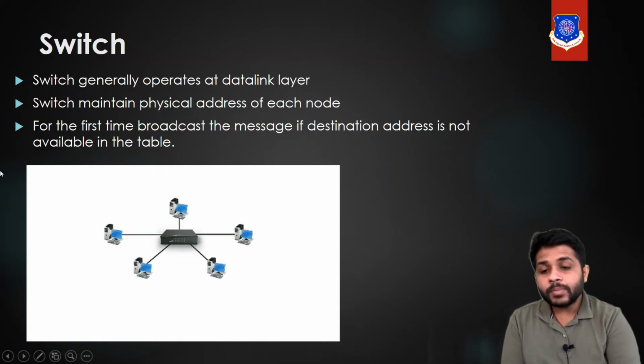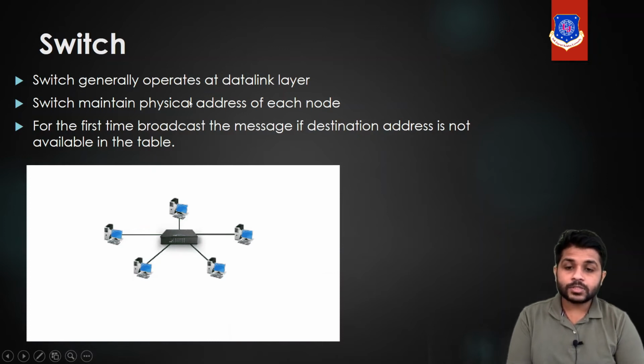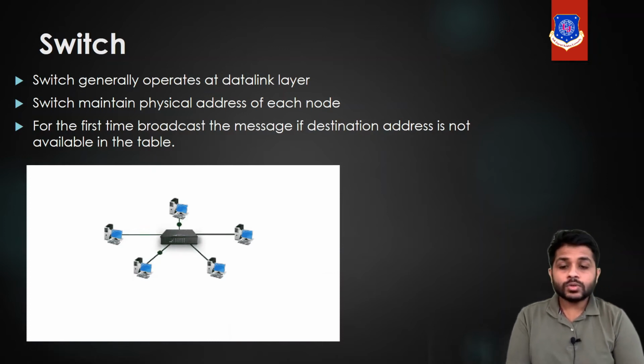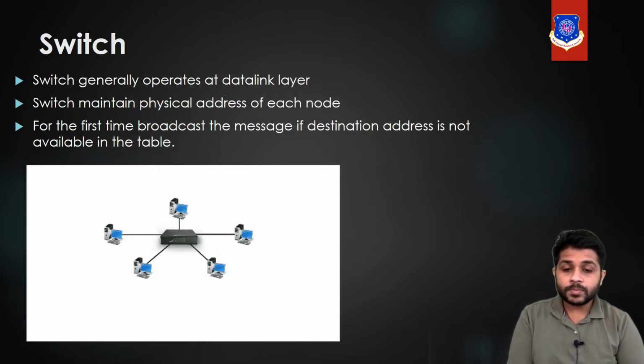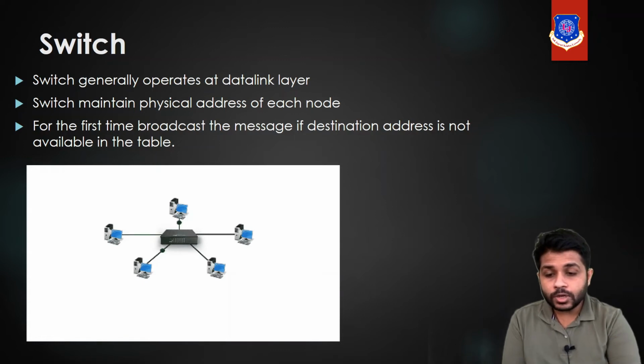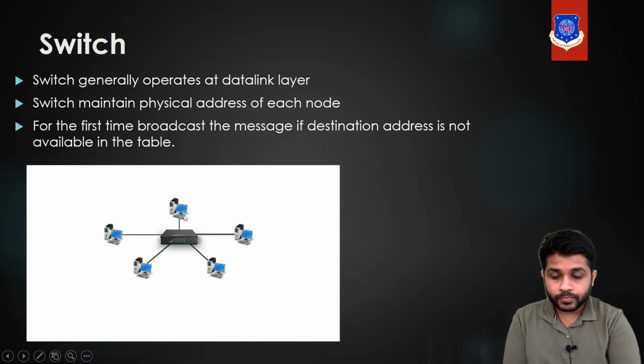The switch maintains a table of the physical addresses, and that is known as the switching table. In the table, there will be nodes and physical addresses. Physical address is also known as MAC address. So the switch actually knows which MAC address device is connected to which interface.